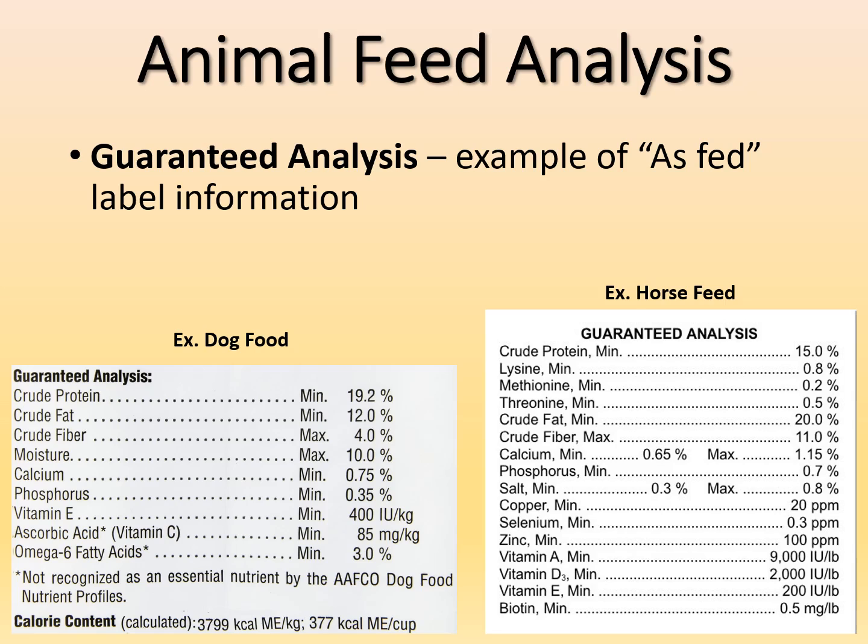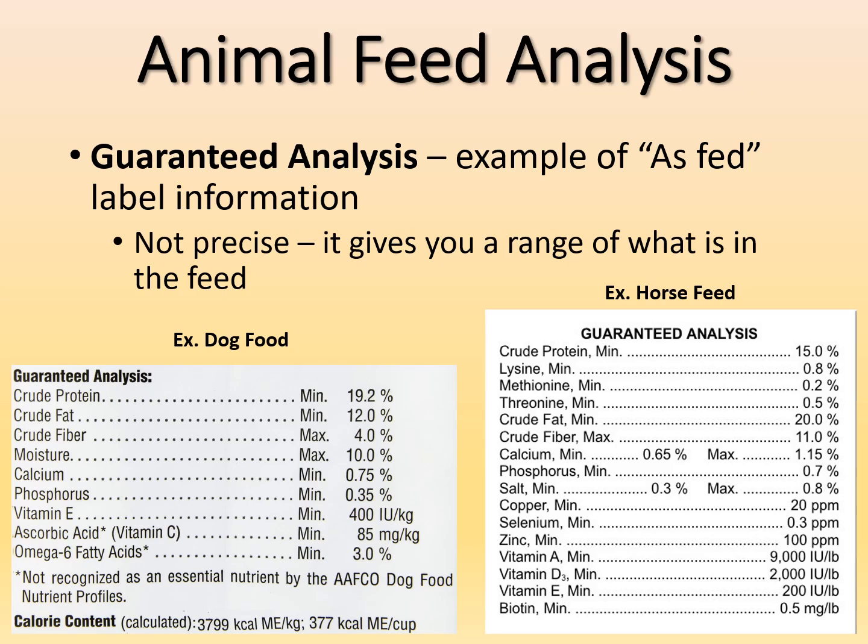This is what you're actually going to be looking at when you look at the back of an animal feed bag. So this is an as-fed example. It's not dry matter, but it has the moisture in it as well.